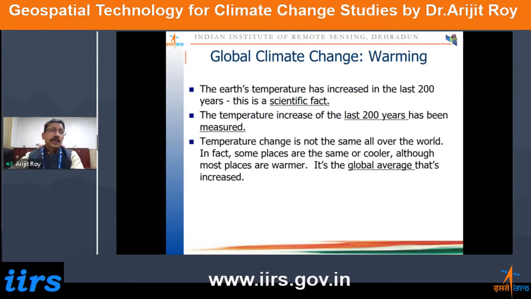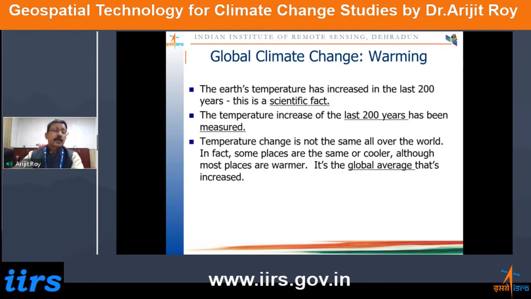So the temperature is increasing across the world in the last 200 years, is a scientific fact. And the temperature increase across the world in these last 200 years has been measured. So there is now scientific evidence, which is quantifiable, that there is a significant increase in the temperature during the last 200 years.